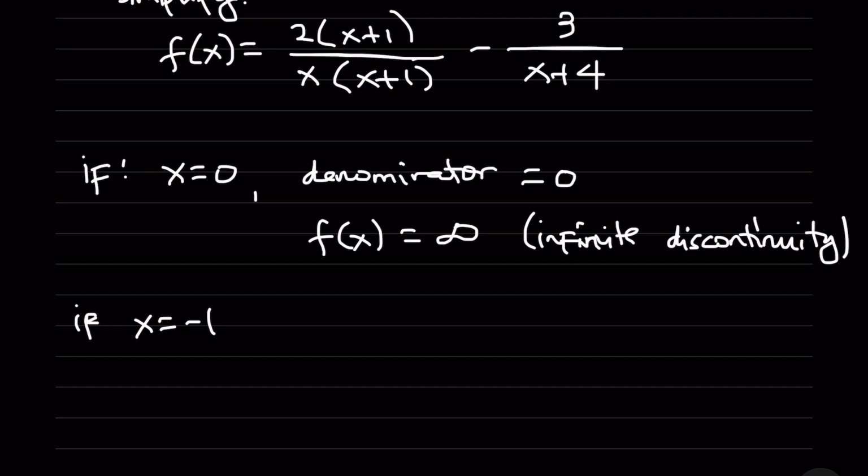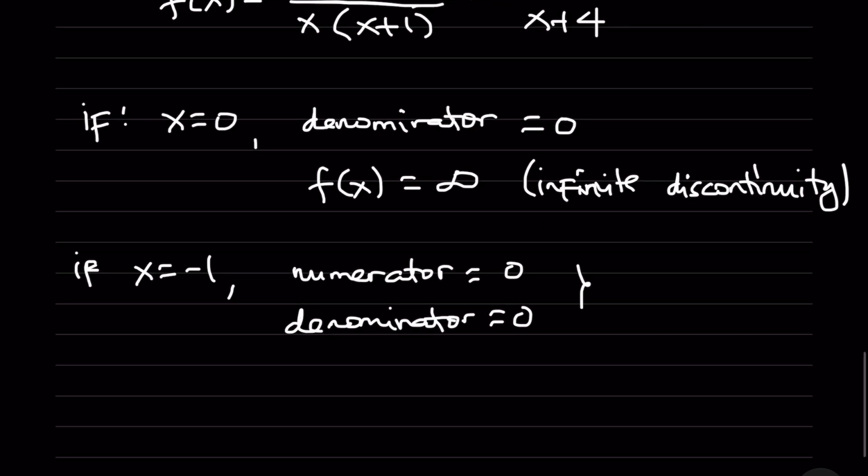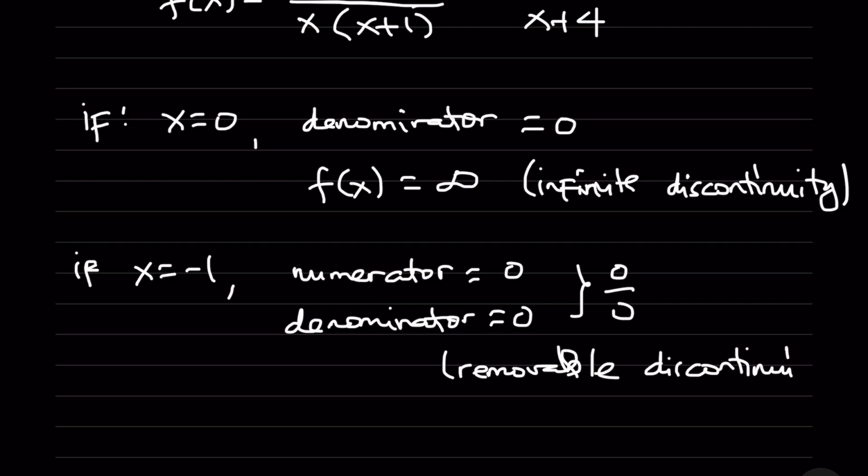Next, at x equal to -1, the numerator will be equal to 0 because of x plus 1. The denominator will also be equal to 0. So you have 0 over 0, indeterminate. So what you have is a removable discontinuity.